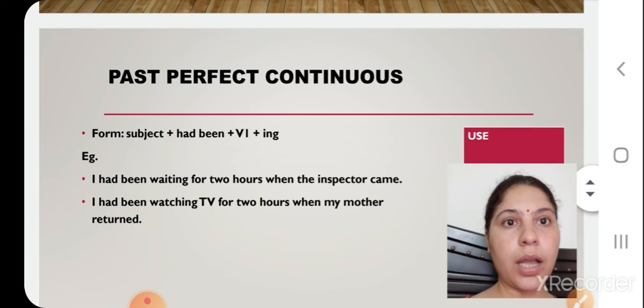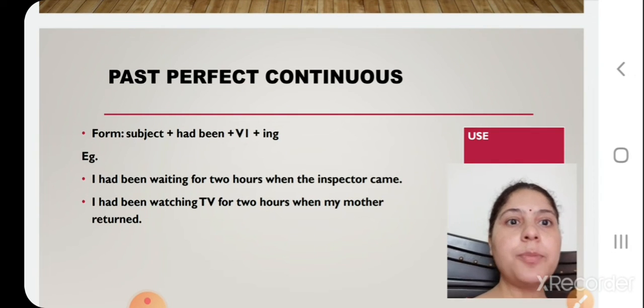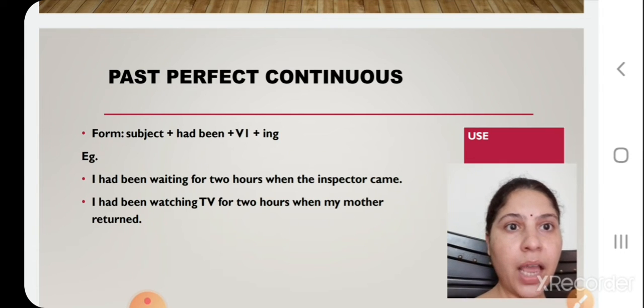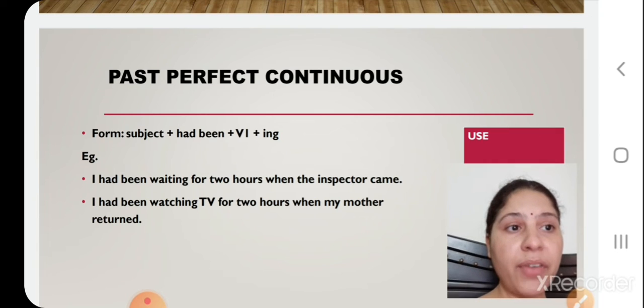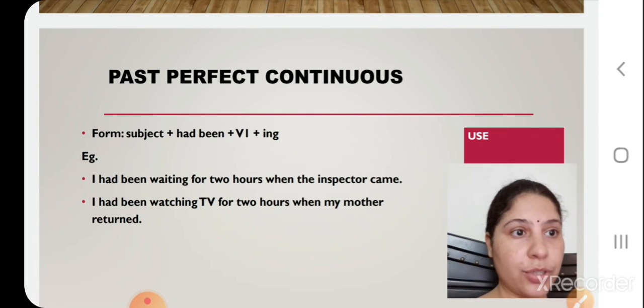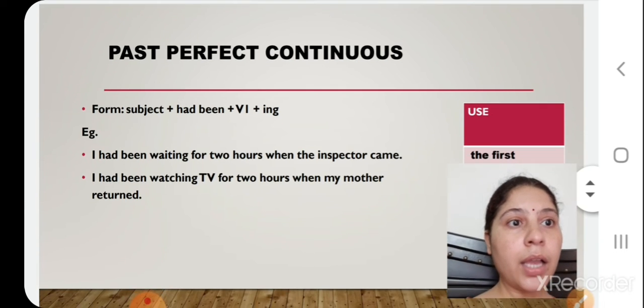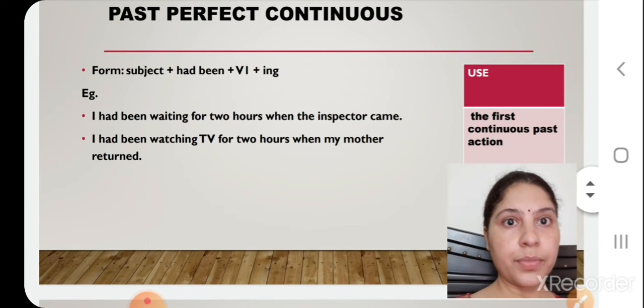Now let's look at the past perfect continuous tense. We make this tense with had been plus first form and ing. Here also, like the past perfect tense, there are two actions, but the first action is in a continuous mode.